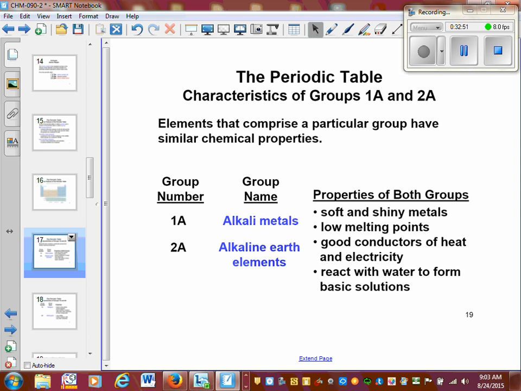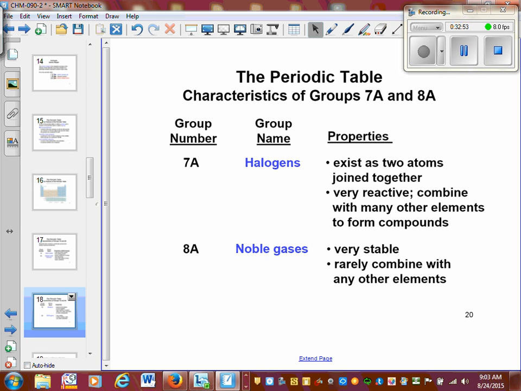7A. Those are the halogens. They exist as two atoms joined together, what we call diatomic. Talk about diatomic elements. Basically, talking about fluorine, bromine, and iodine.